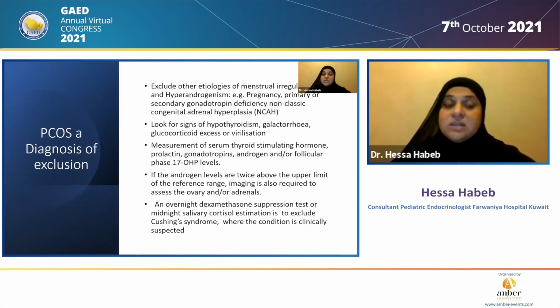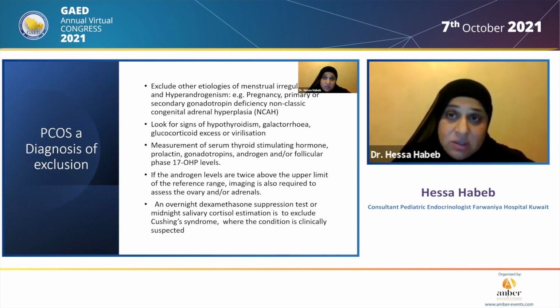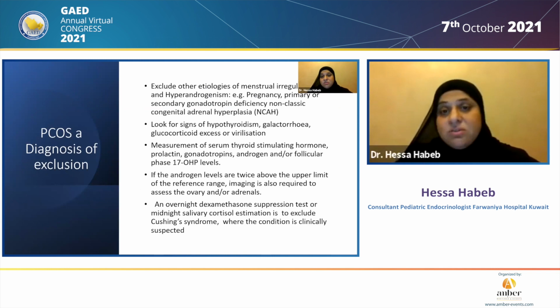As in the criteria for diagnosis, we need to exclude other causes of hyperandrogenism. We need to do that through thorough history taking, physical examination, and sometimes lab investigations and imaging. So we need to rule out etiologies of menstrual irregularities and hyperandrogenism.